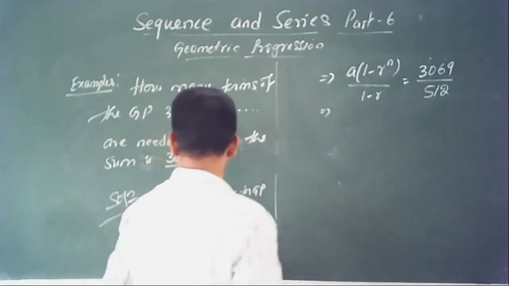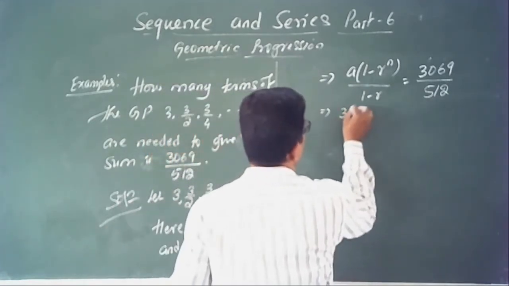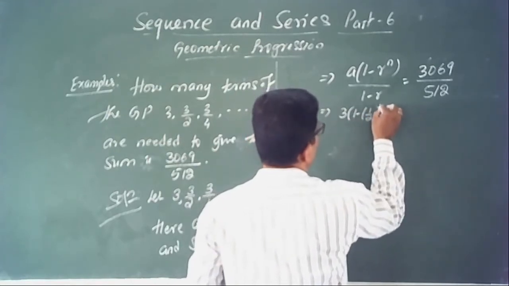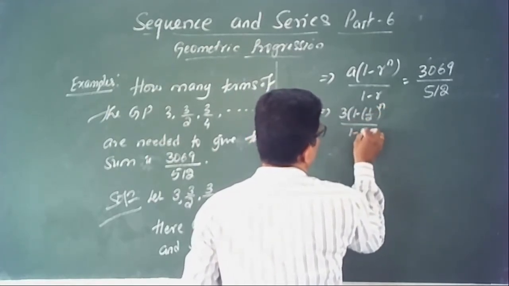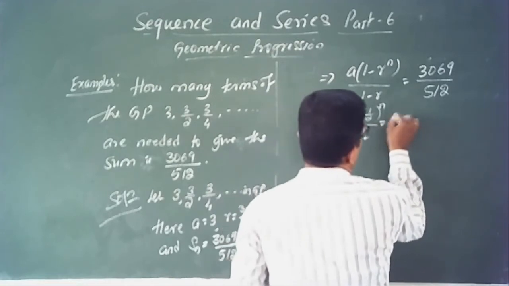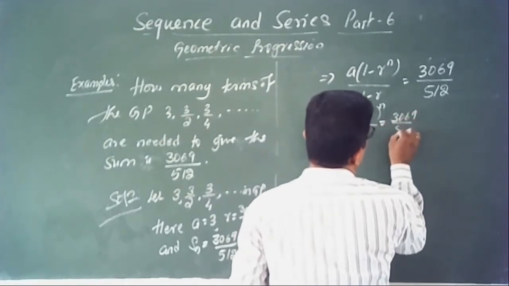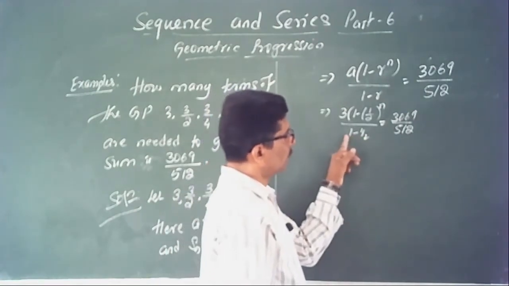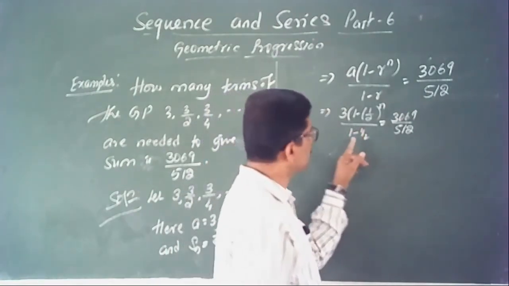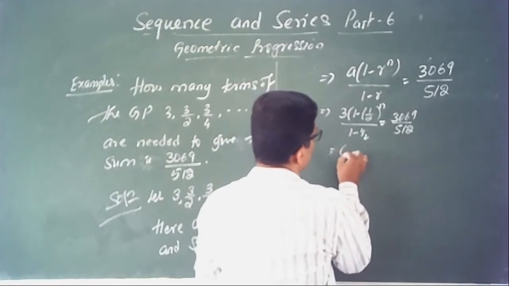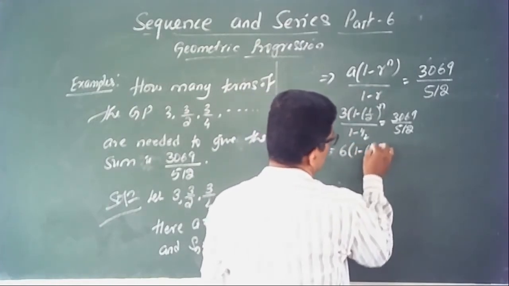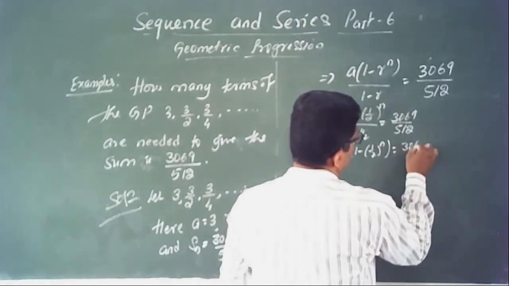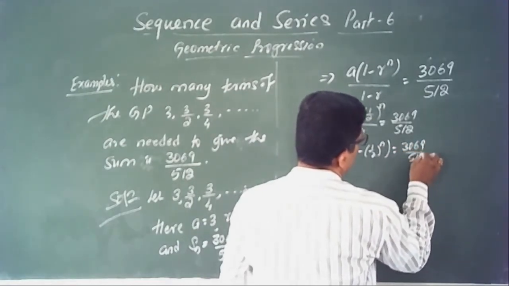Here a is given as 3. 3 into 1 minus half to the power n divided by 1 minus half is equal to 3069 divided by 512. Here 1 minus half means half, so 2 comes here. It means 6 times 1 minus half to the power n is equal to 3069 divided by 512.